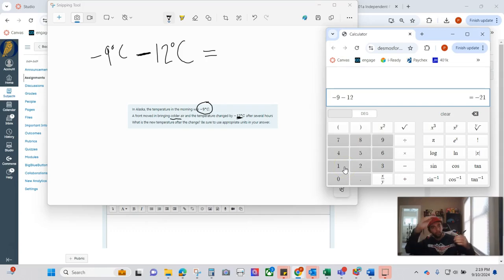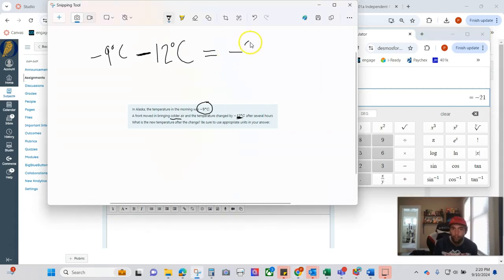If you start at negative 9, and then you go down 12 more, negative 10, negative 11, 12, 13, 14, 15, 16, 17, 18, 19, 20, 21, negative 21. Even out there using my fingers. So our answer is negative 21 degrees Celsius.